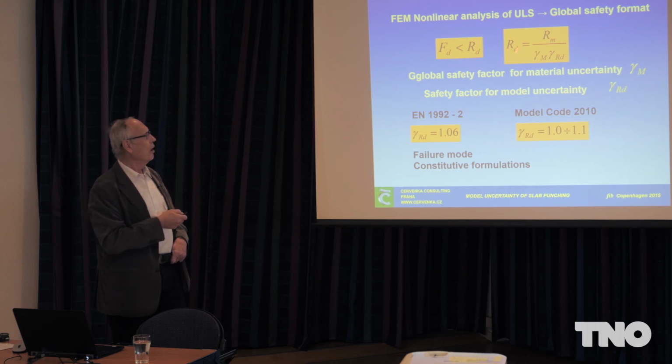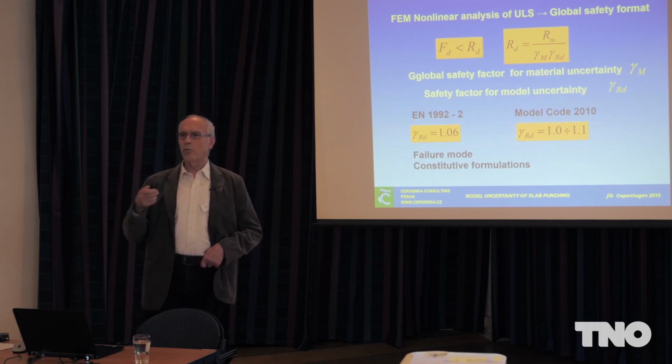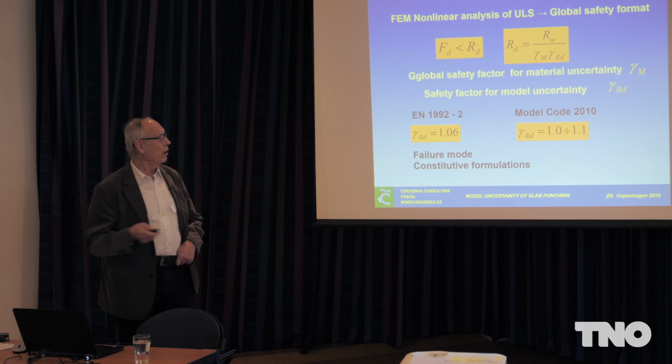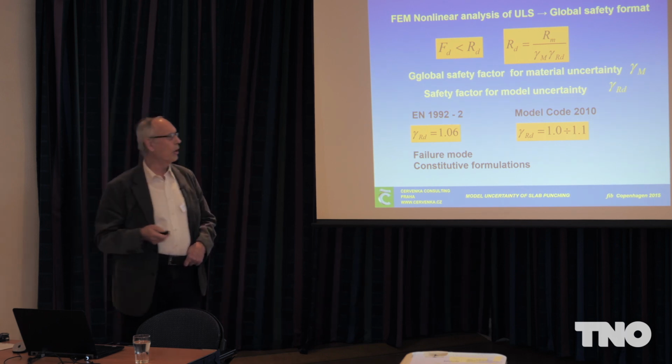Our resistance in this case is the resistance obtained by simulations. It can be very general. It is usually a vector, many dimensional, and so on. Sometimes it is one variable.